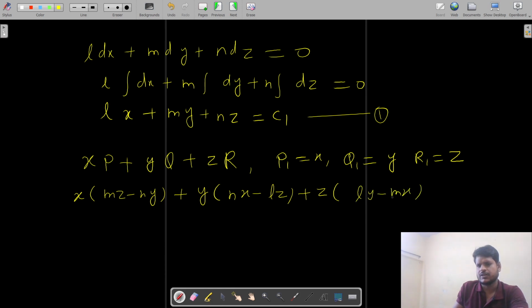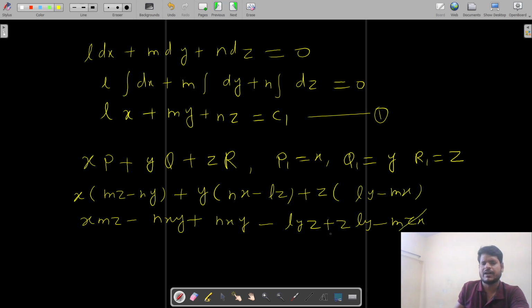Now just use here x mz, xny plus nxy minus lyz plus z ly minus mzx minus mxy, and mz minus ny plus ly cancel, we have 0. So the multiplier concept is done, right.